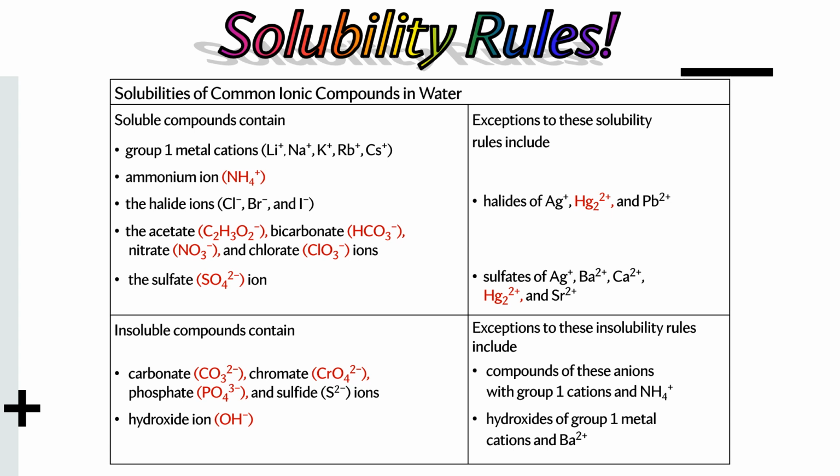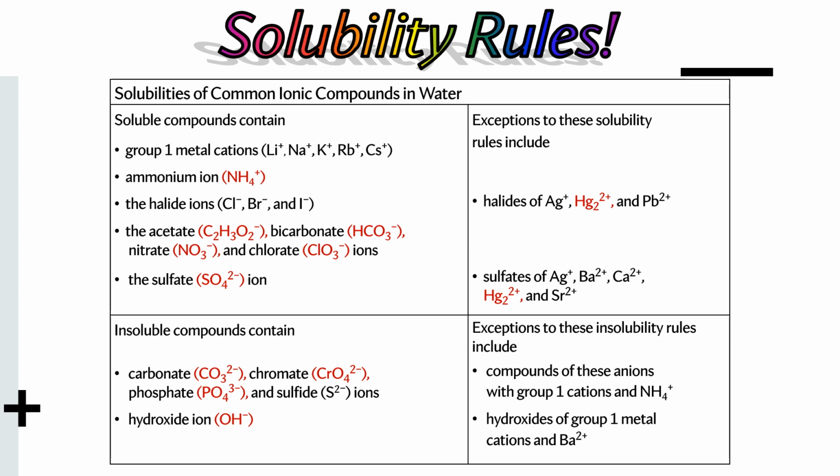And at the bottom, if you have these particular ions in a compound, they're generally insoluble. However, everything comes with exceptions. On the right-hand side, if the left-hand side ion is coupled with the right-hand side ions, then that means that particular compound is the opposite of what is said.